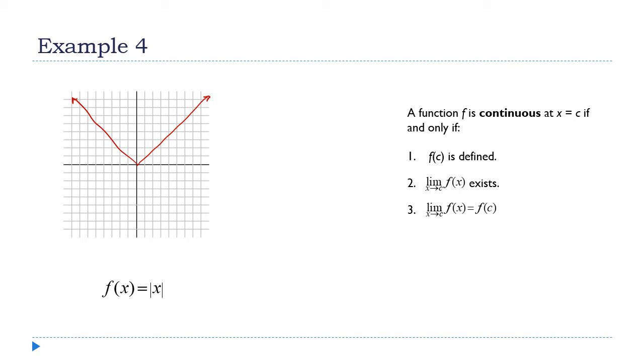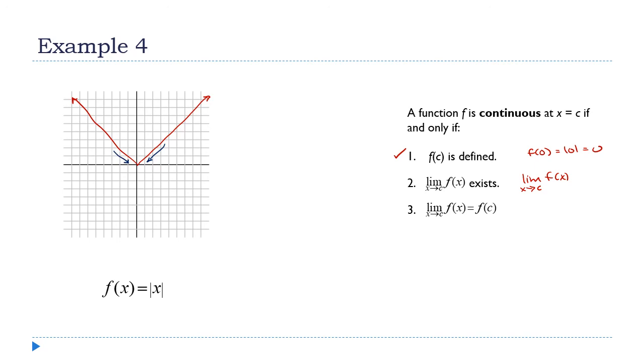Is the function defined at 0? Well, yeah. f of 0 equals the absolute value of 0, which is 0. Excellent. Does the limit as x approaches c of f of x exist? Well, yeah. It comes in from the left or from the right, closing in on this point.